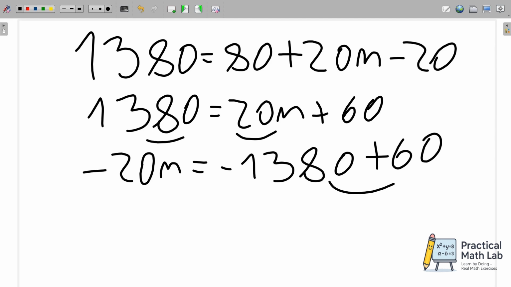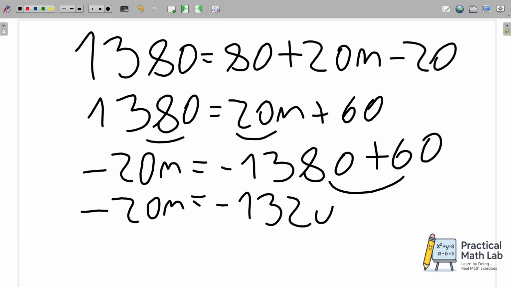Now let's solve these two. Since the signs are different, we subtract. So repeat, minus 20n equals 1,380 plus 60, which becomes minus 1,320.